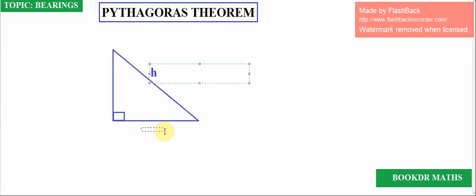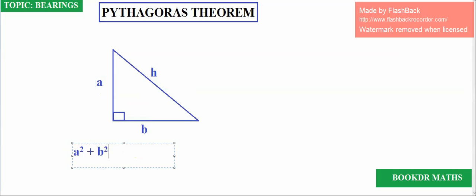Let's call the other sides A and B. According to the Pythagoras theorem, the square of A added to the square of B is exactly the same as the square of H, the hypotenuse.